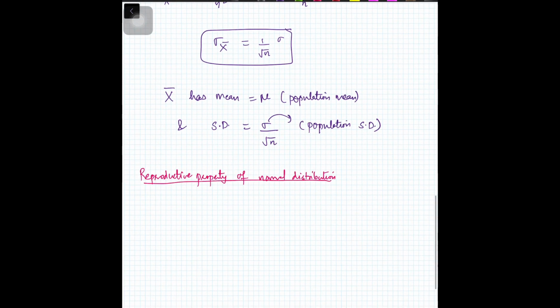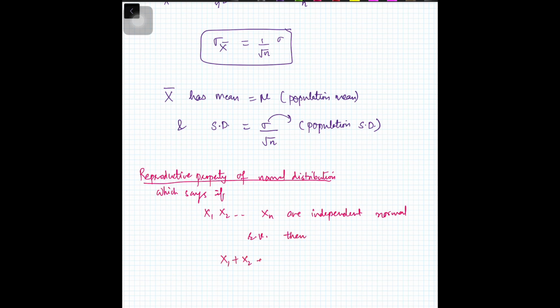It says if x1, x2, xn are independent normal random variables, then x1 plus x2 plus so on xn divided by n is also a normal random variable.